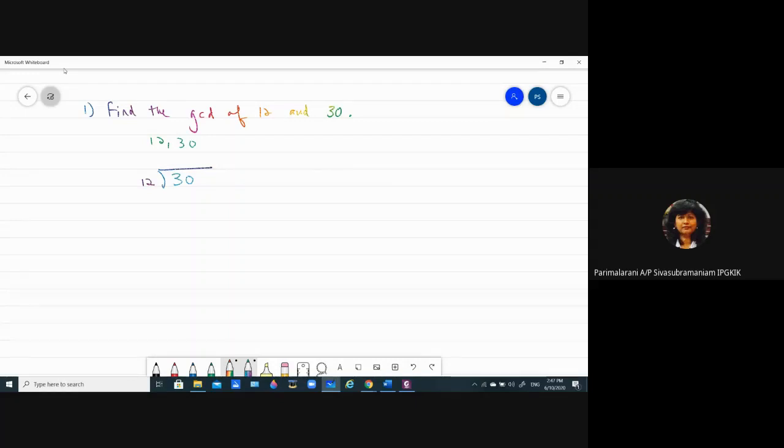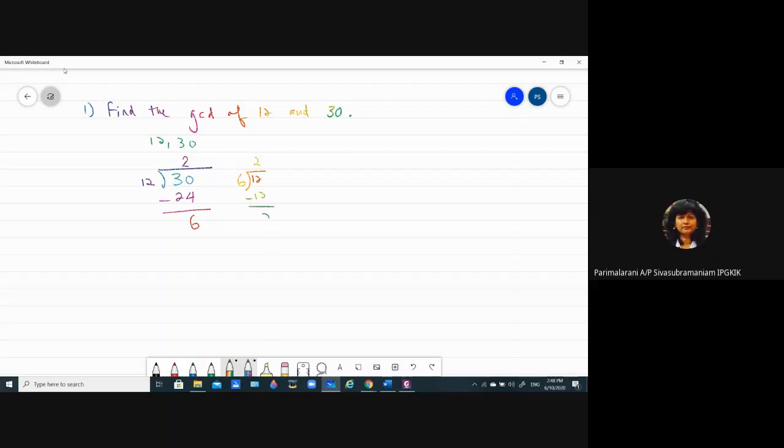How many times can 12 go into 30? 2. 12 times 2 is 24, right? So what is the remainder? 6. Now this divisor, 12, is divided by the remainder, 6. 6 times 2 is 12.